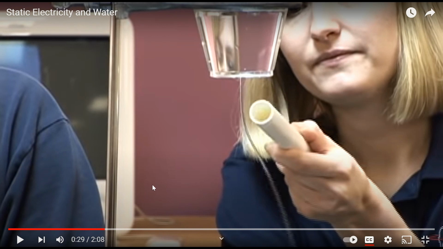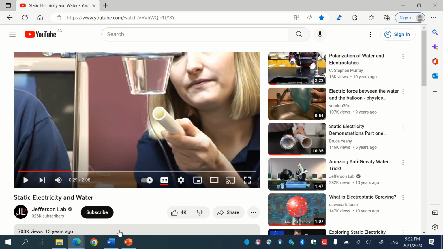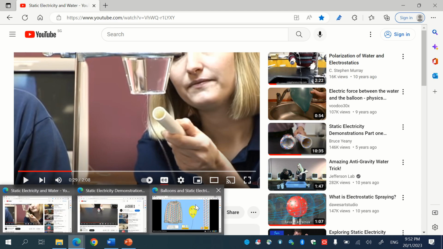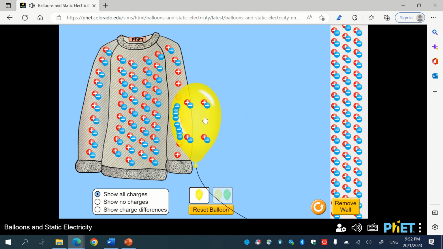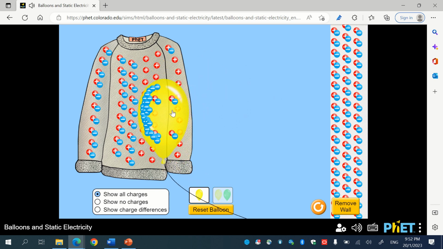So I go back to the notes now. Look at what happens next in this app. Remember, I'm going to charge this balloon by rubbing it on the sweater.